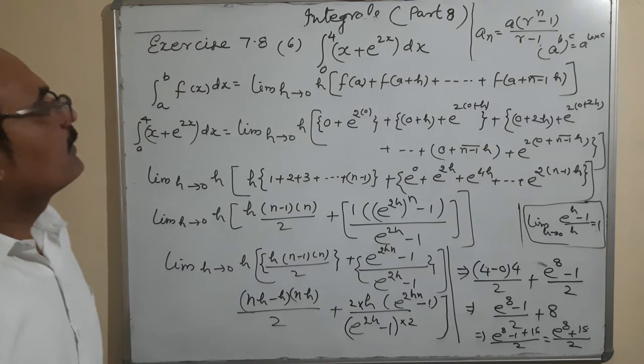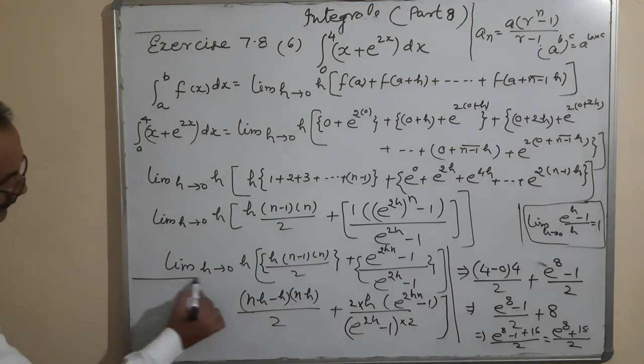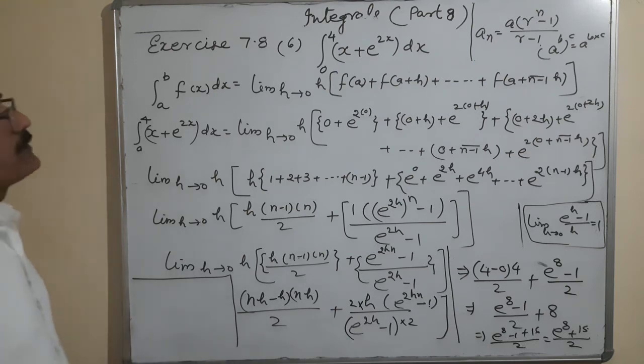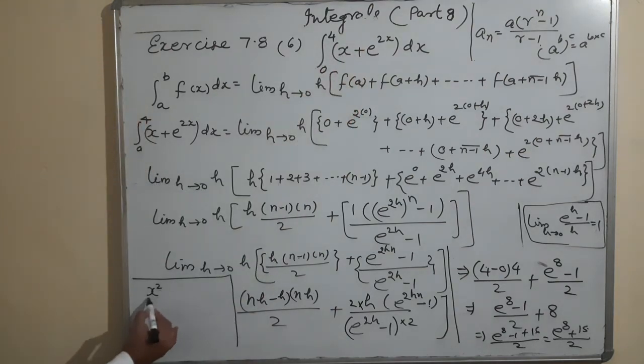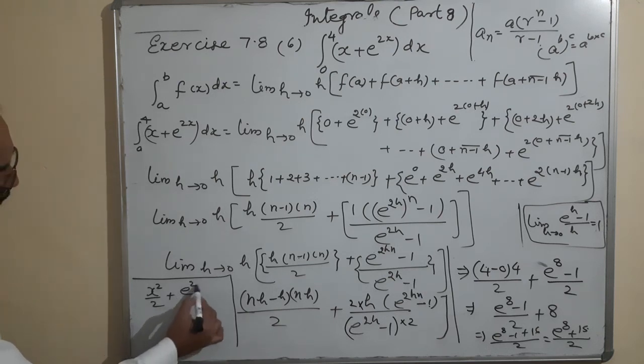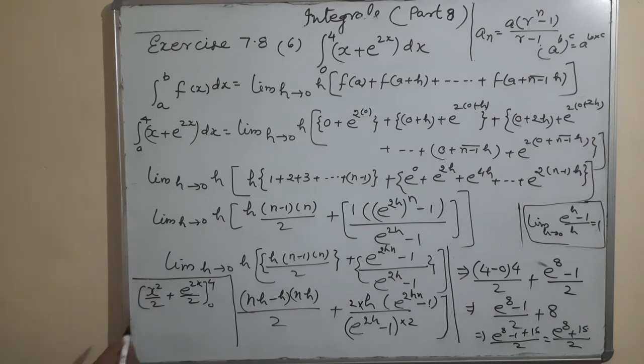Let us check it. Here I want to check it by simple integration: x square upon 2 plus e to the power 2x upon 2, limit 0 to 4. When I put the upper limit 4, 4 squared is 16 upon 2, it is 8, plus e to the power 8 upon 2, minus.